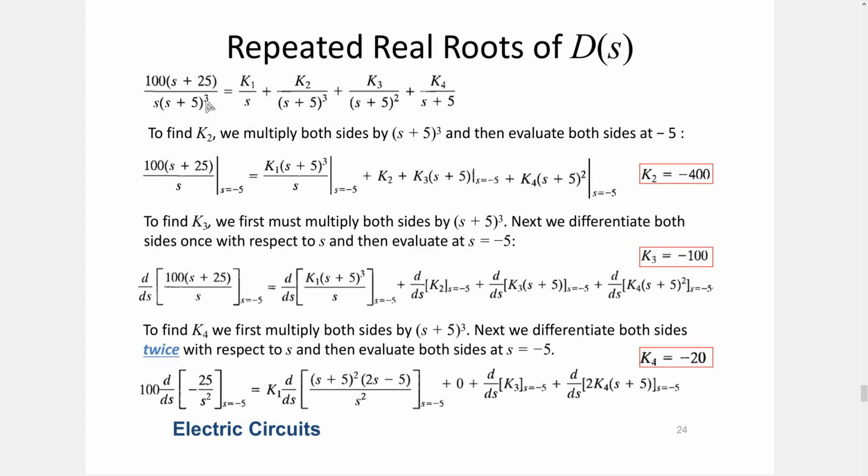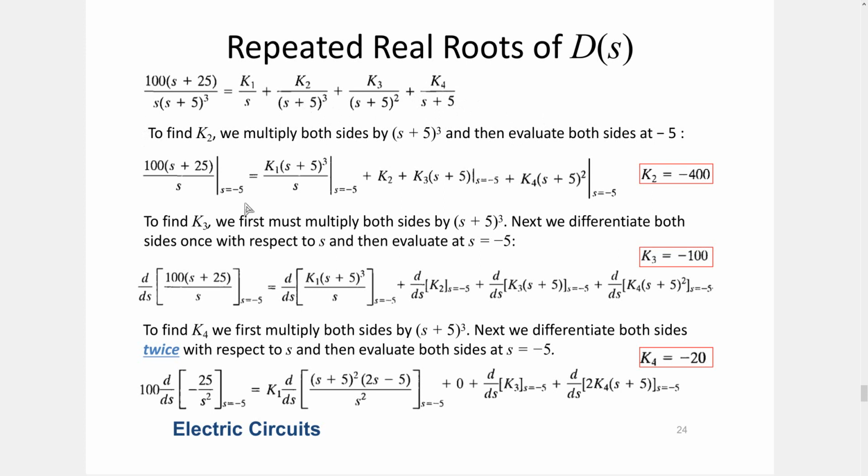Since we have a repeated root at s equals minus 5, I'm going to write it as a composition of other terms as well: k1 over s, which is obvious here, but k2 over (s plus 5) to the third degree, k3 divided by (s plus 5) squared, and plus k4 divided by (s plus 5). Okay, so we go down by decreasing the exponent.